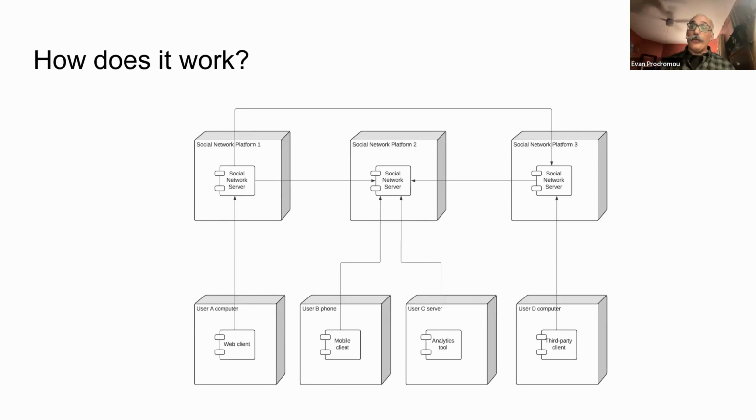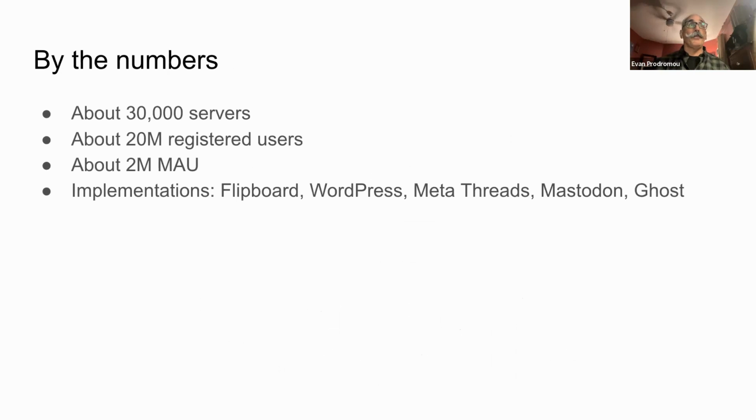And then servers make sure to interchange messages that are destined for users on other servers. So this is a very familiar topology if you're used to, say, internet email, where we use mail servers, send your message to the mail server, and the mail server routes it to the right people. We're doing the exact same thing here with ActivityPub.